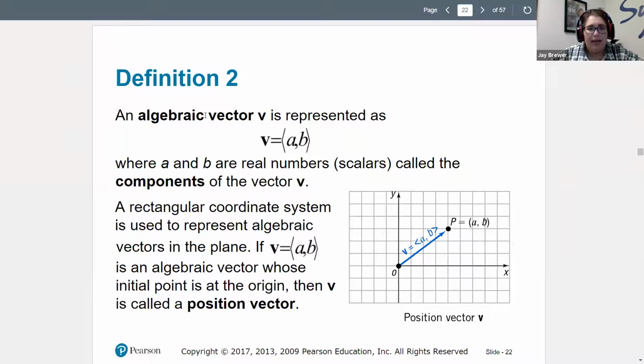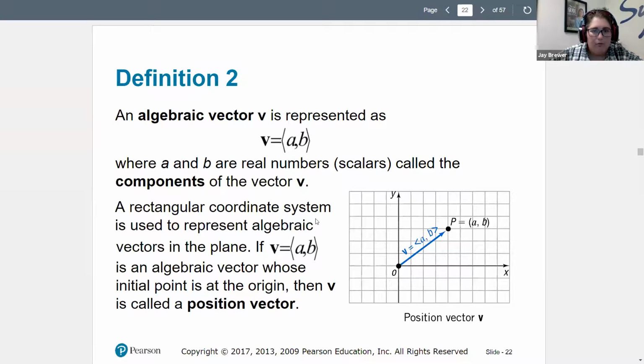An algebraic vector v is represented as (a, b), but do you see how the parentheses are kind of curved? That's done on purpose. That helps you identify that you're not dealing with just a regular xy plane, where a and b are real numbers, scalars, called the components of the vector v.